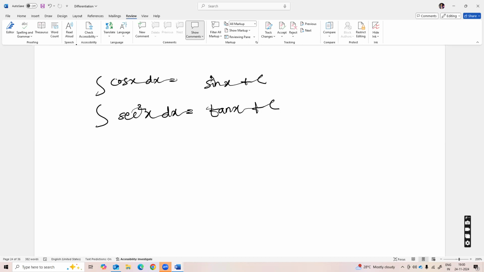Similarly, if we take the integration of cosec square x, then it is minus cot x plus c. You will have to remember this, as you know that the differentiation of cot x is minus cosec square x, and therefore the integration of cosec square x is minus cot x plus c.